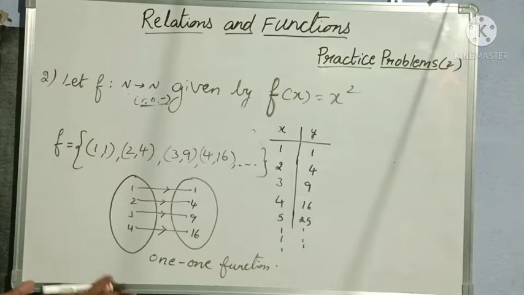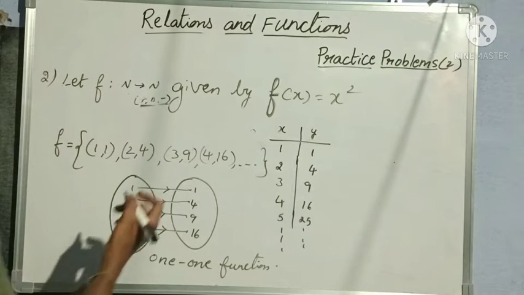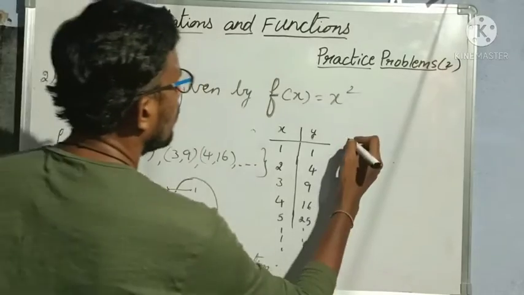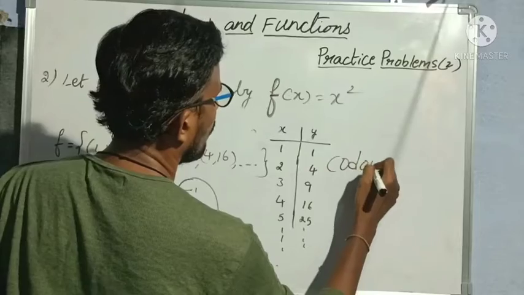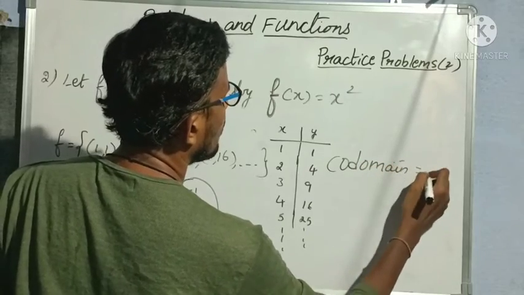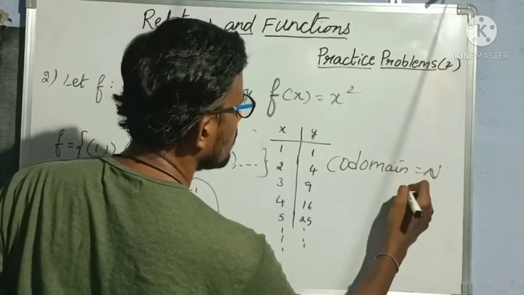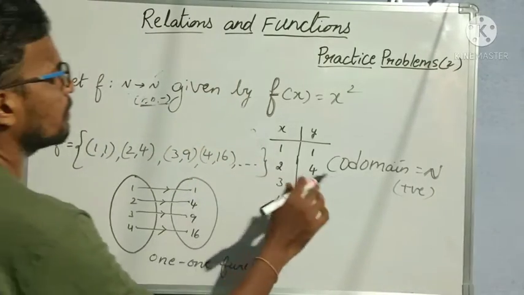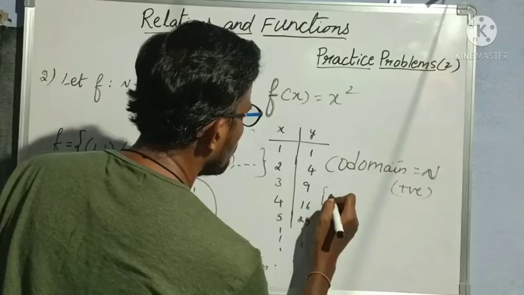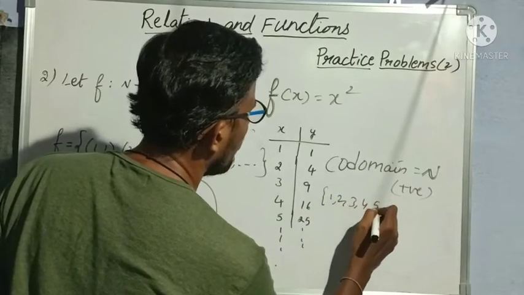Now let us see whether this is onto function or into function. So what is the codomain here? Codomain of this set. So codomain is nothing but complete natural numbers, means all positive numbers. Means 1, 2, 3, 4, 5, 6 and so on.